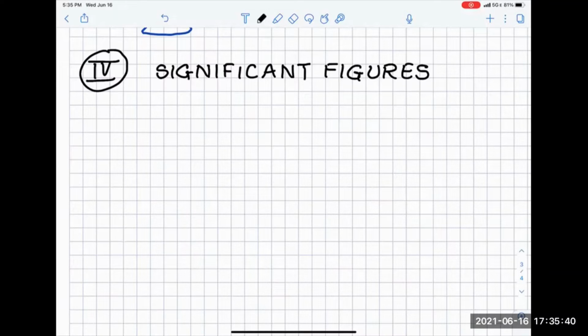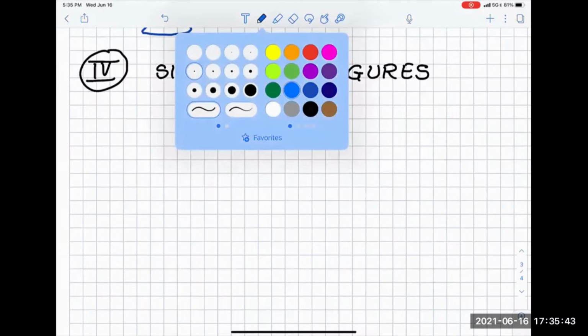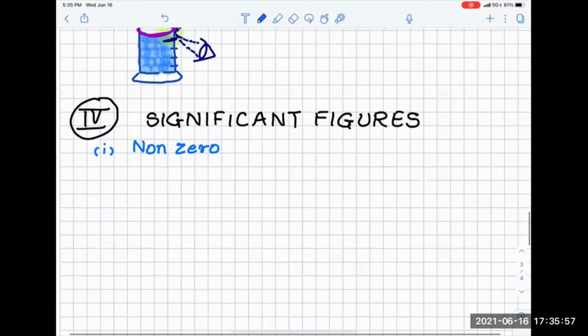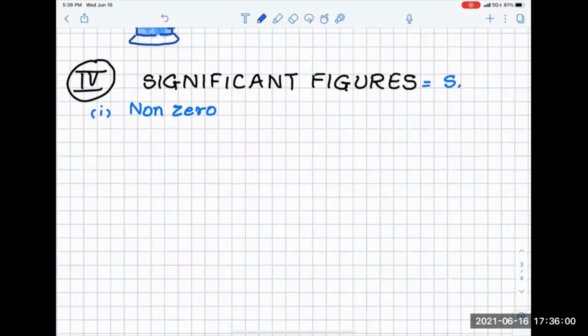So first of all, the rules regarding the significant figures. Number one is that all non-zero numbers are always going to be important. I mean, when we say significant figures, it means what is important, what is valuable. So here I'm going to just use SF. Non-zero numbers are always going to be significant figures.